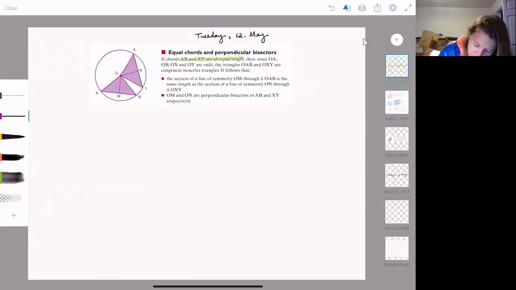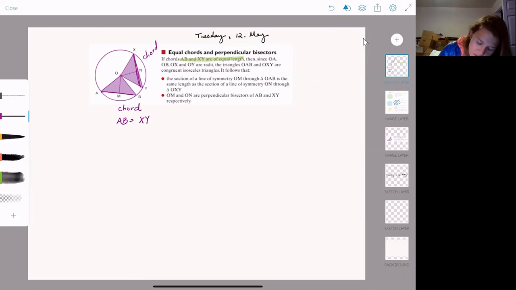So what we're talking about here is this chord AB and this chord XY, they're equal to one another, they're the same, then we know a few things about these shapes.